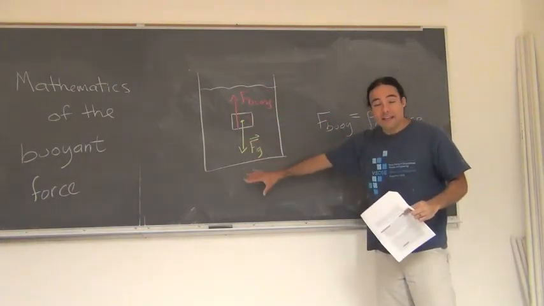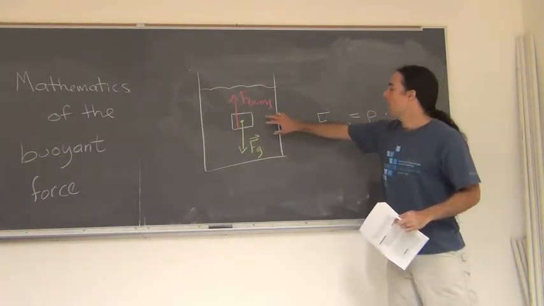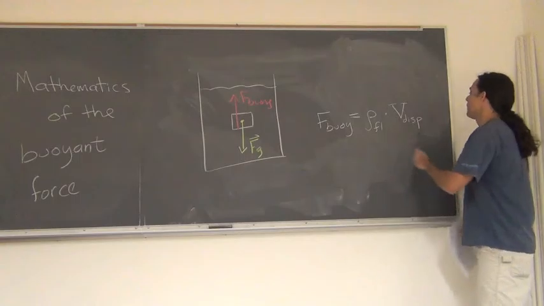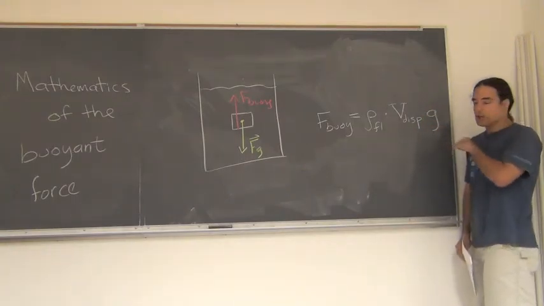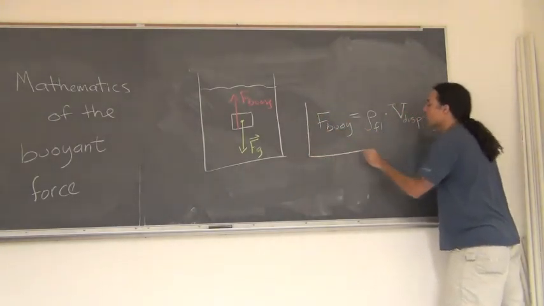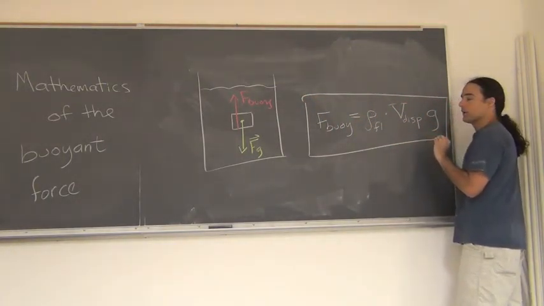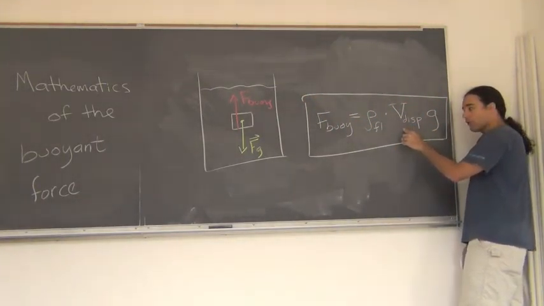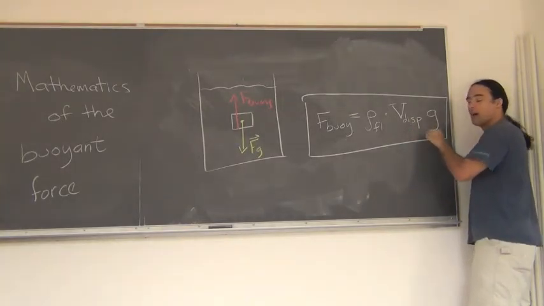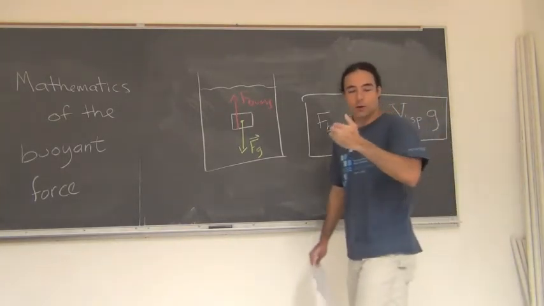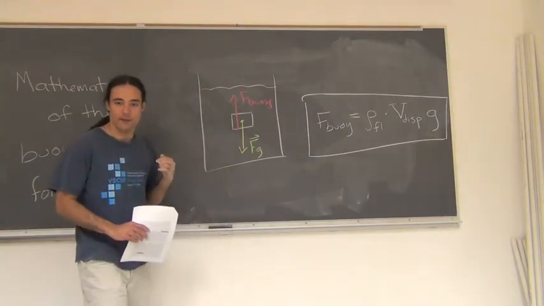And since it's gravity that is pulling the water down, I just have to put my gravitational field in here. This is my buoyant force. It's the density of the fluid times the volume displaced times the acceleration of gravity, or gravitational field equivalent.